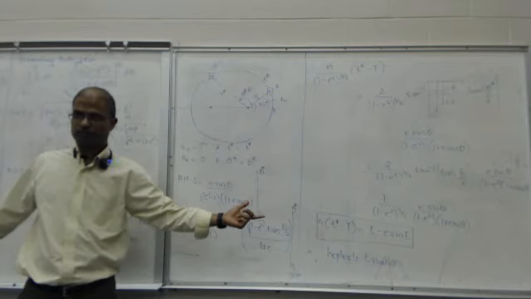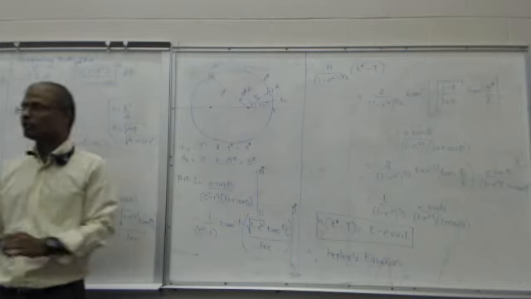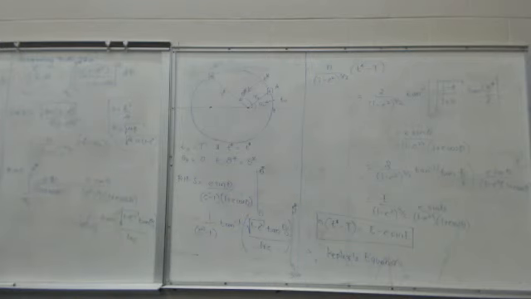All right? So if you are given E equal to pi, where would the orbiting body be?